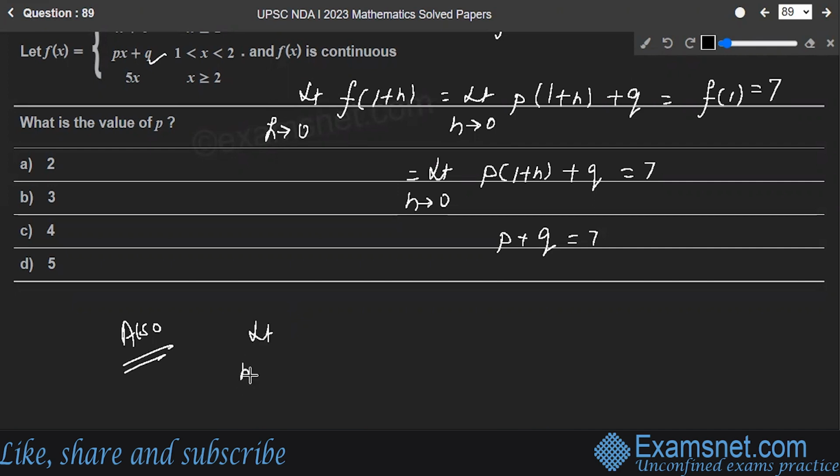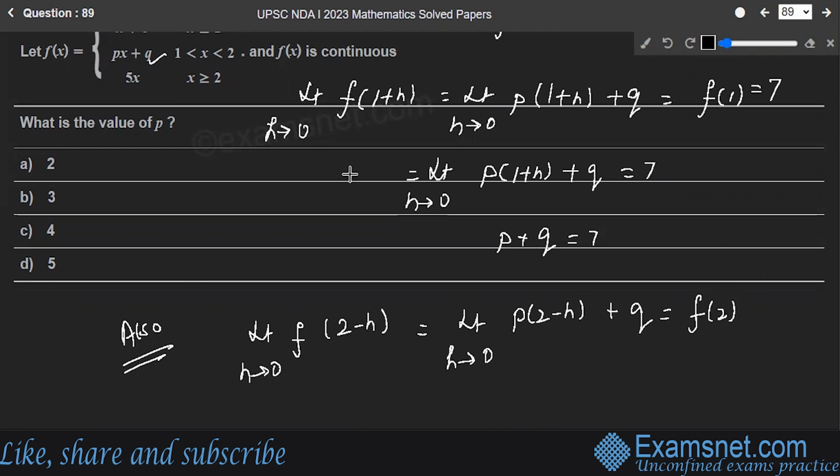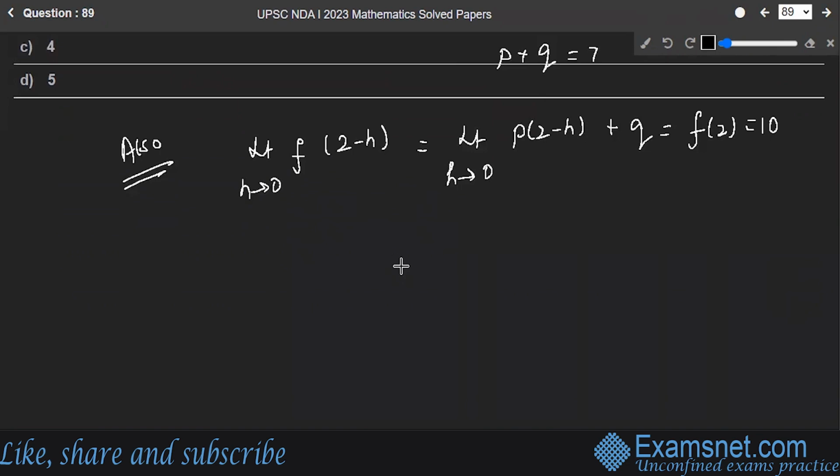Also, limit h approaching 0, f of 2 minus h is equal to limit h approaching 0, p into 2 minus h plus q. This is equal to f2. And for f2, I have 5x. That is equal to 10. This means limit h approaching 0, p into 2 minus h plus q is equal to 10, which gives you 2p plus q is equal to 10.